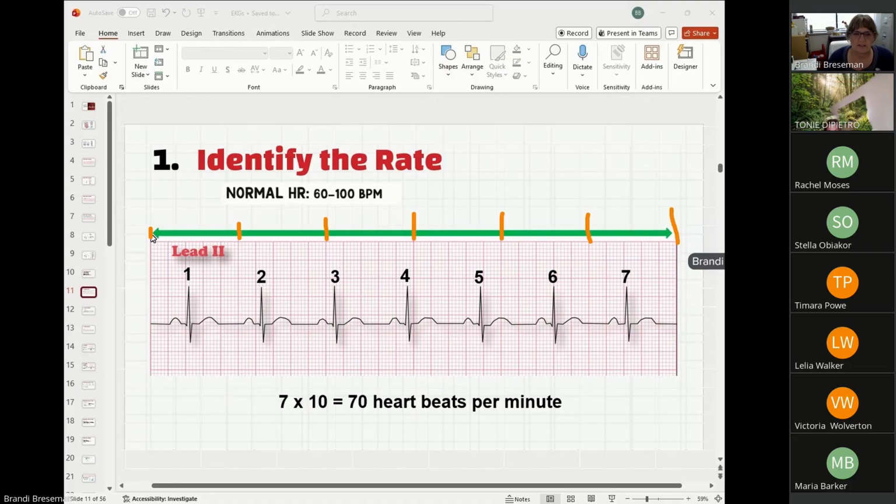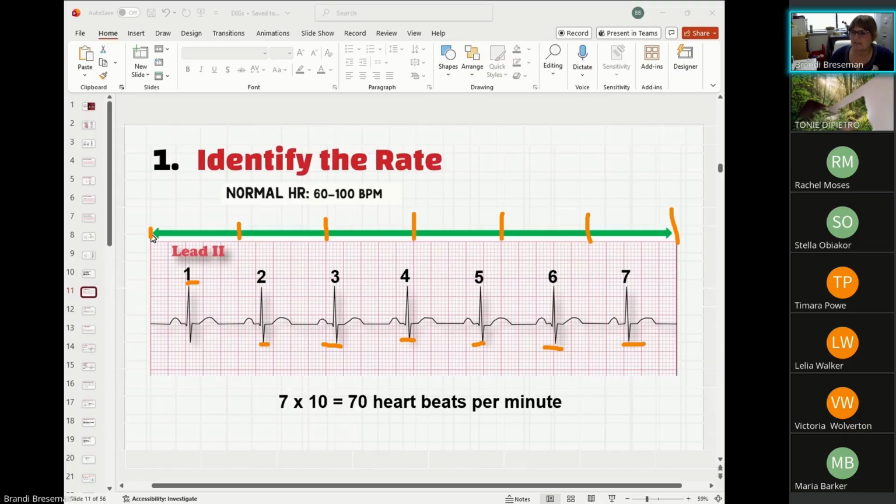So I'm going to count the QRSs in my 6-second strip. And I have 1, 2, here's my second one, my third, my fourth, my fifth, my sixth, and my seventh. So I have 7 QRS complexes in my 6-second strip.